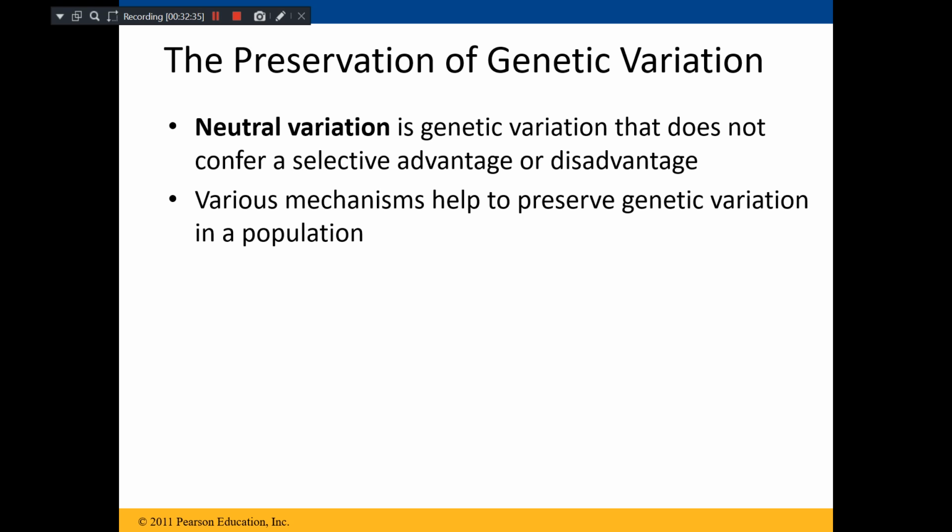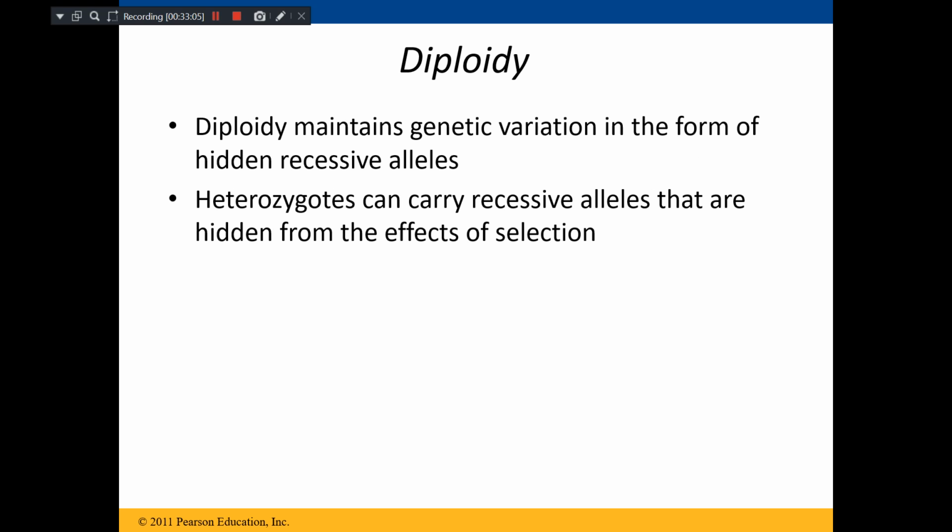But then you may ask why this variation is there? Because in nature there are various mechanisms which preserve the genetic variation in a population. We don't know in the given situation, this may be a neutral variation, but with the changing conditions of nature, it may become a more preferred one. So that's why nature also prefers to preserve the genetic variation in a population with the help of various mechanisms.